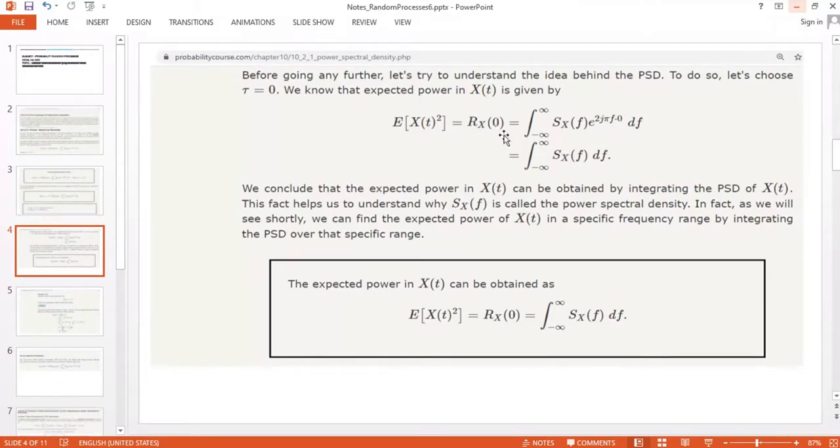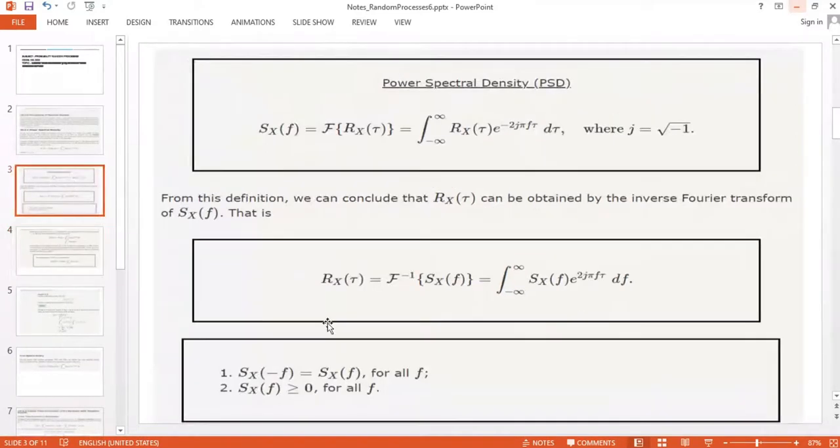So we substituted tau as 0, and we know that if we take the inverse Fourier transform of the power spectral density, here S_X(f), then in the previous slide we saw that Rx(tau) is the inverse of the frequency domain power spectral density S_X(f), and it is defined as the integral of S_X(f) e raised to the power 2 j pi f tau df.